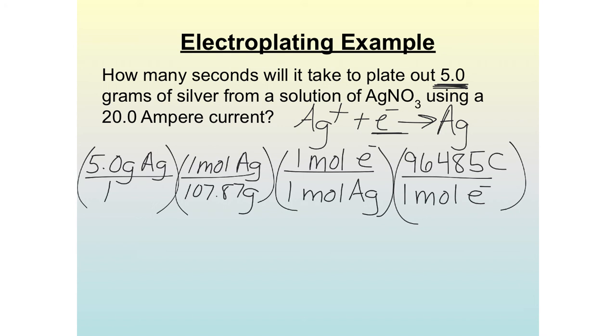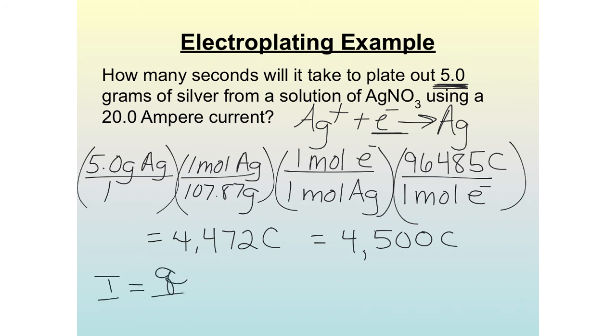And that would give us 4,472 coulombs, which if we were rounding this step, it would be 4,500 coulombs. We are looking for time.